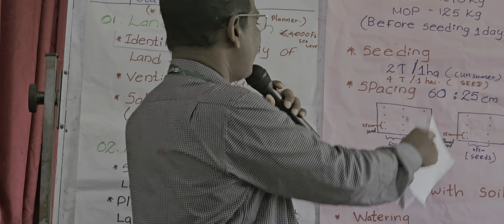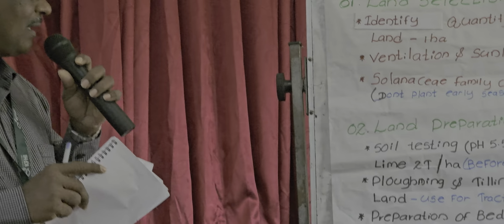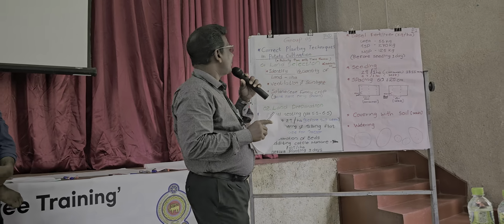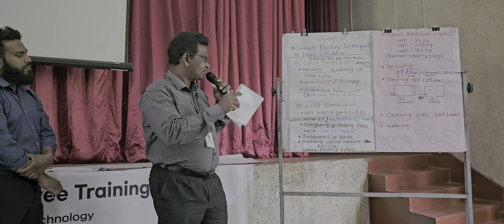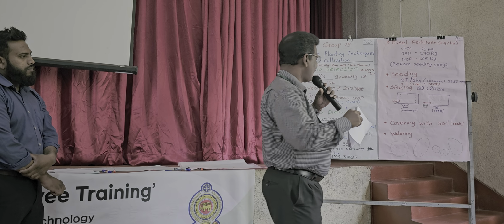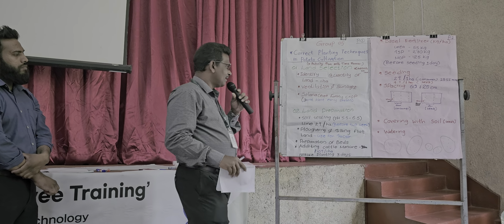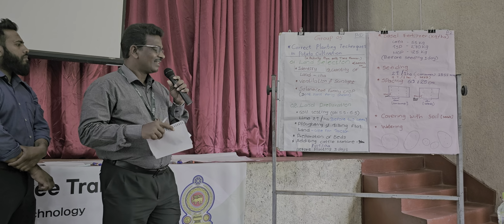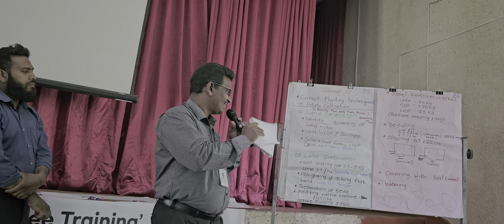If you are using it for seed purpose, we want spacing of 45 centimeters line to line, and seed to seed 15 centimeters. After we cover all the seeds with soil, then water it. Then we have a good system.